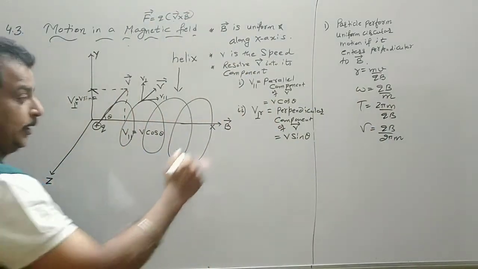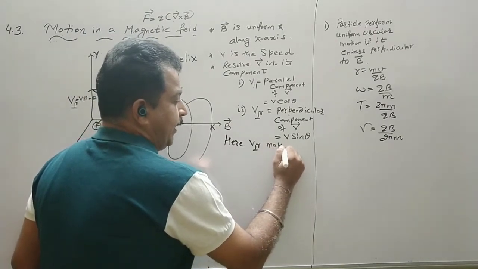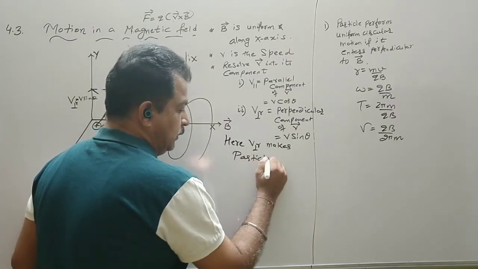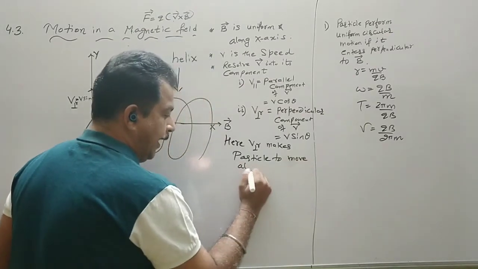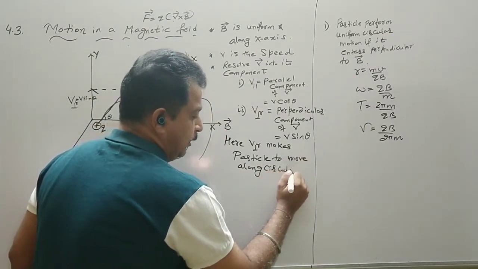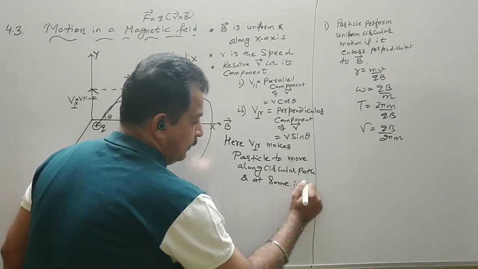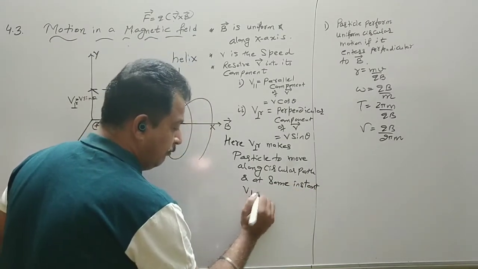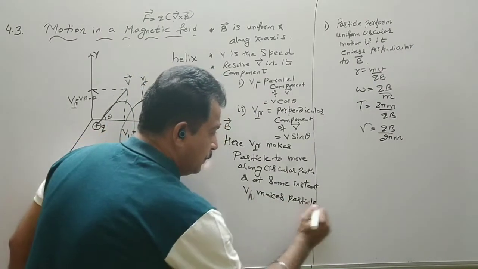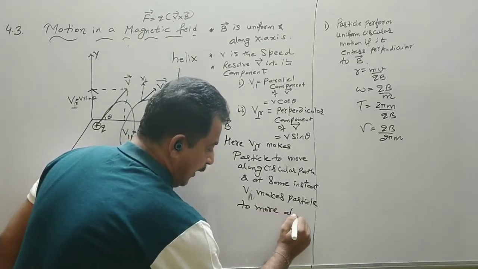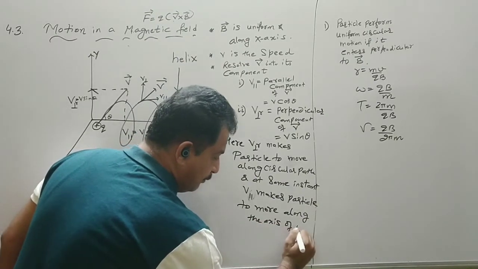So we come to the conclusion here. V perpendicular makes the particle move along a circular path, and at the same instant V parallel makes the particle move along the axis of the B vector.